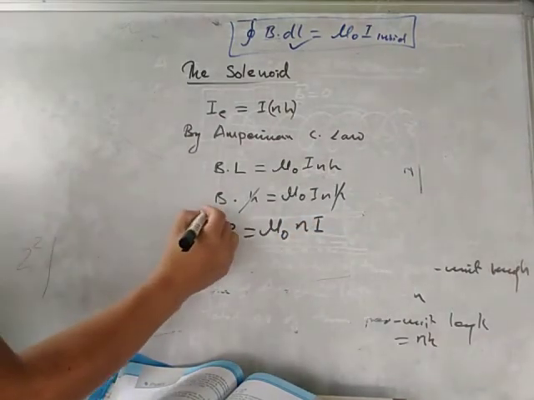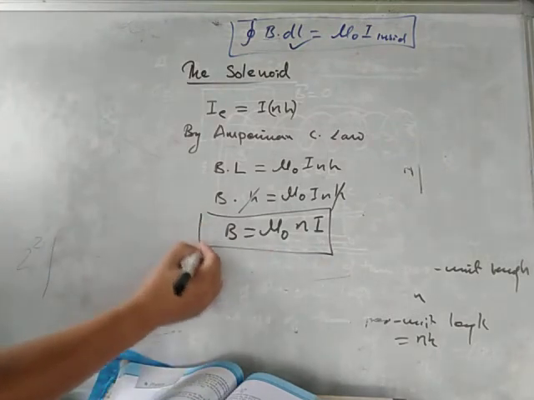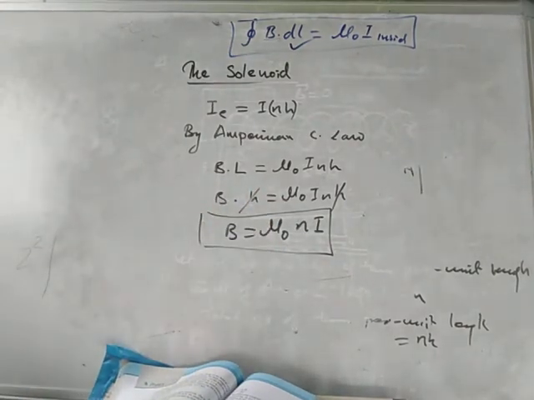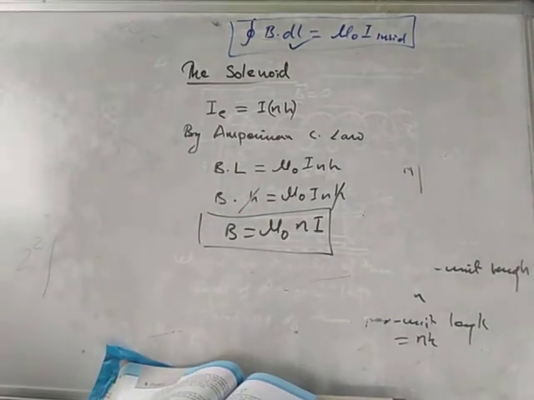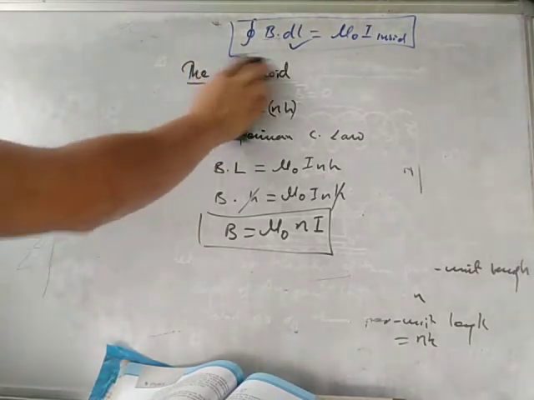So this is your magnetic field inside the solenoid, clear? By Ampere's circuital law. If you are confused, turn to page number 152 and it will be clear there. Next is your toroid.